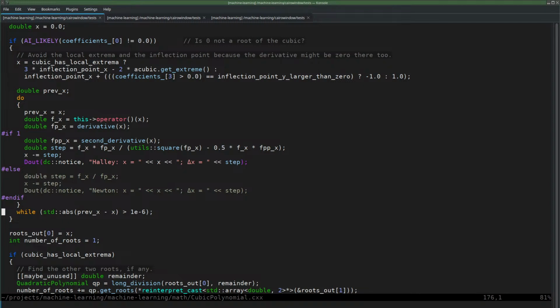Okay, let's think about this. Terminating this, yeah, when do you terminate it? That's never easy, is it?